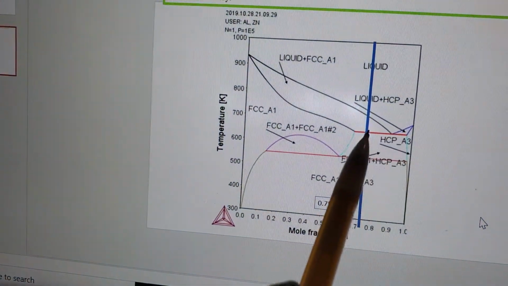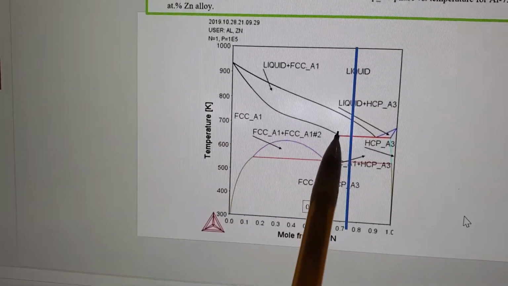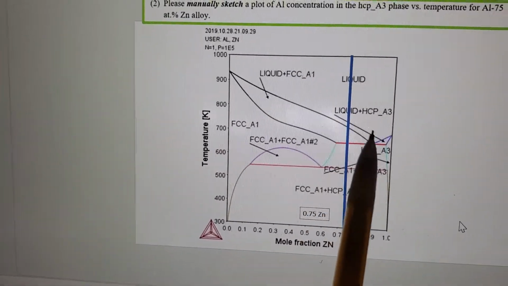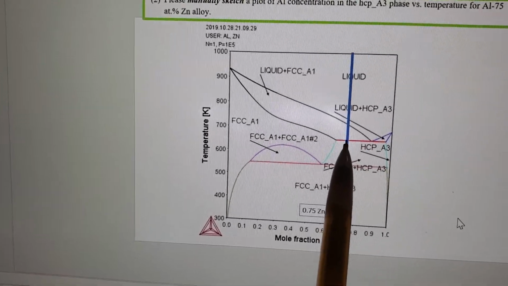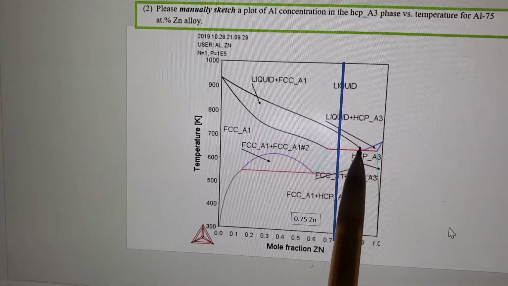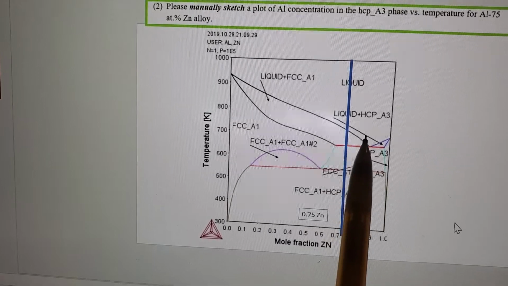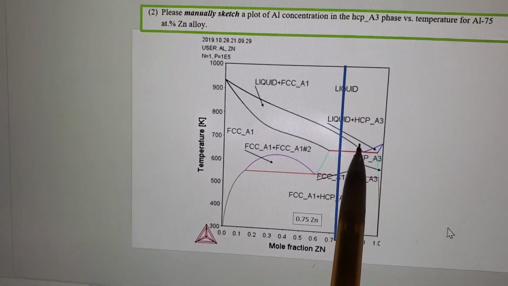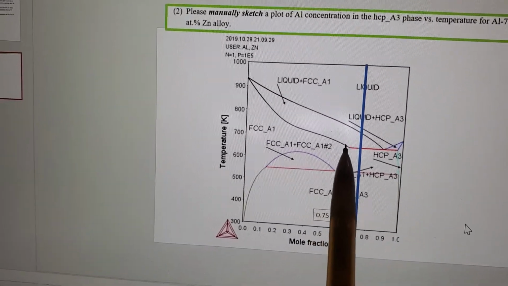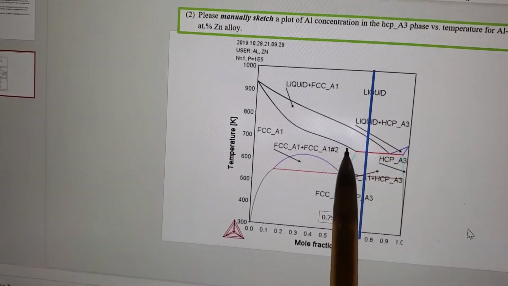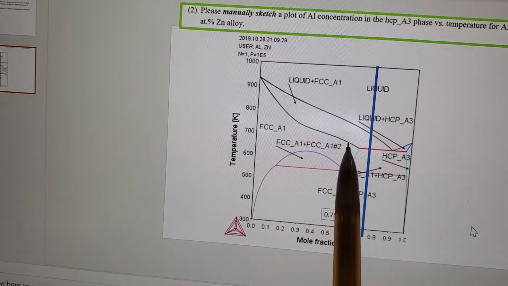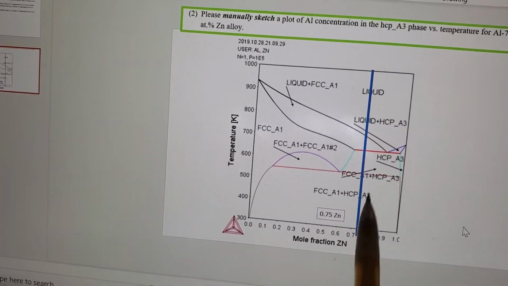So now let's look above the 650 Kelvin mark, and we know that there's no HCP-A3 present, so we're just going to have that as 0, since looking to the right, you look at the fraction of liquid and the composition of liquid and the composition of FCC-A1 whenever you drop down in those regions.